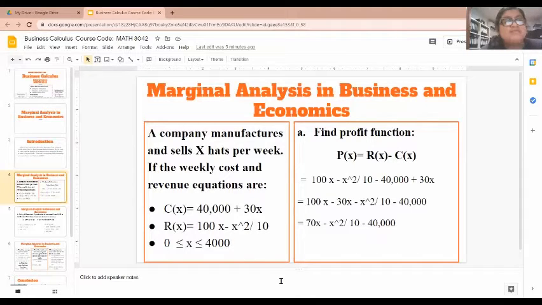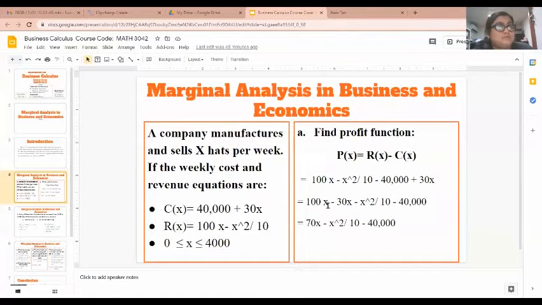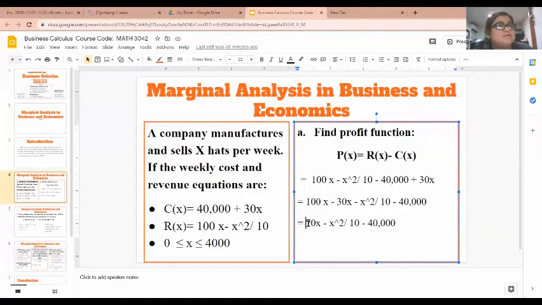To solve for the profit function, all we need to do is subtract C of x from R of x. So basically here, we subtract 30x from 100x, and our answer is right here: 70x minus x squared divided by 10 minus 40,000.